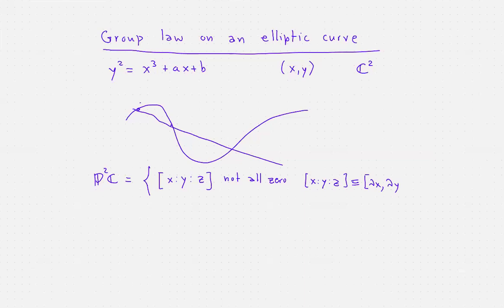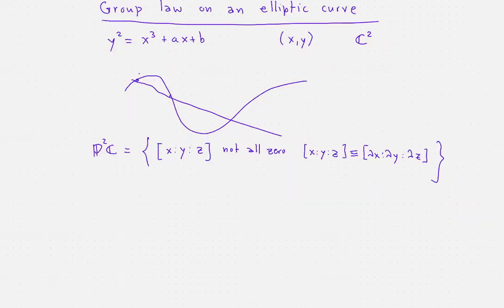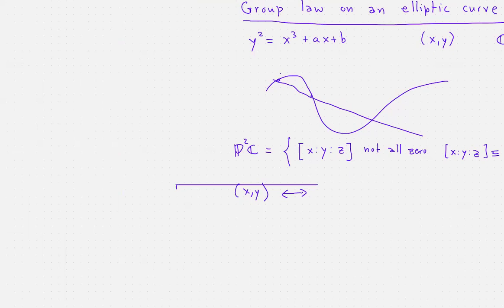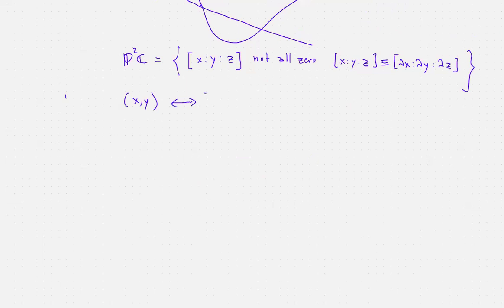And if we do that, then we can consider every point with usual coordinates as being associated with a point that has projective coordinates that look like this.